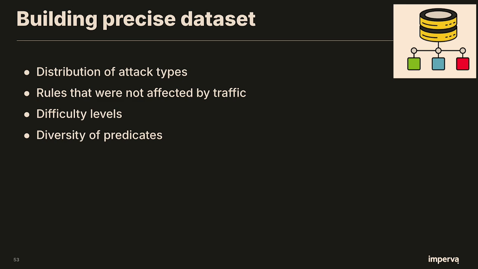So we wanted to make sure that in the data set, we give representation to all these types that interest us. Also, we had to make sure that the difficulty of the rules is diverse in the data set. So we give representation to difficult rules and also to simple ones.